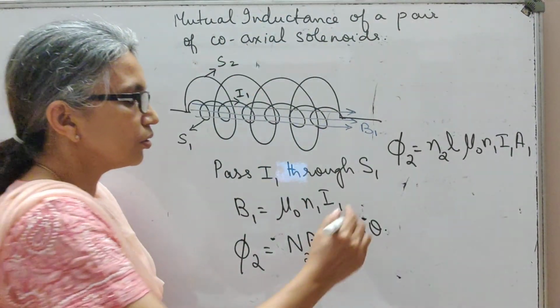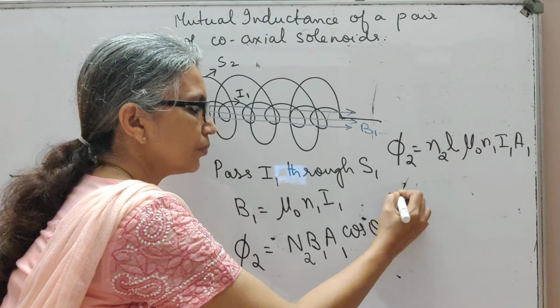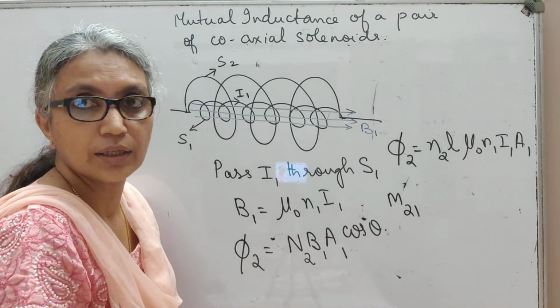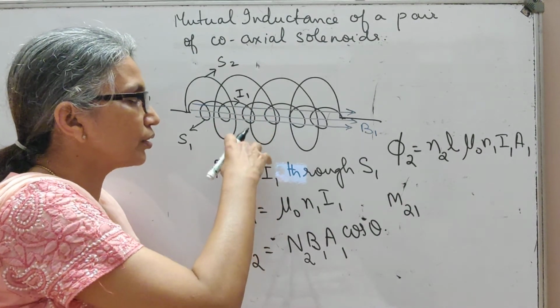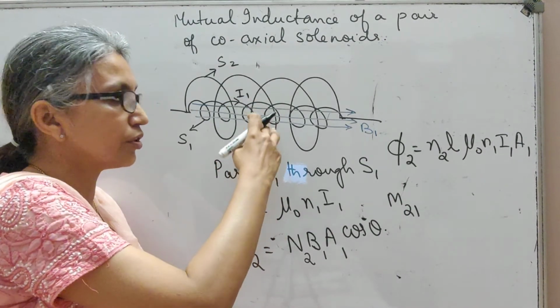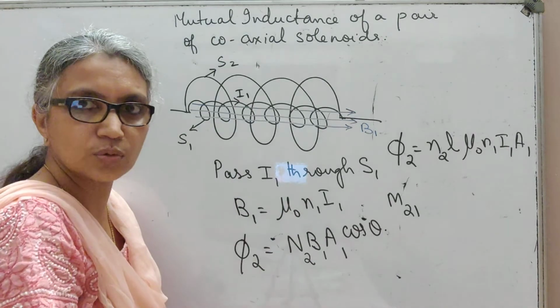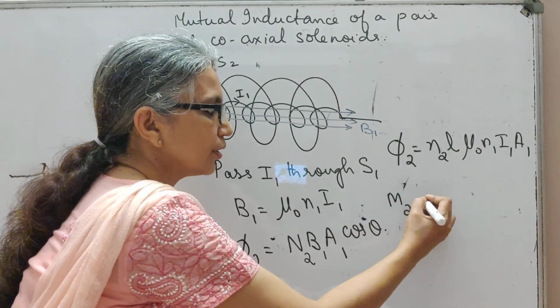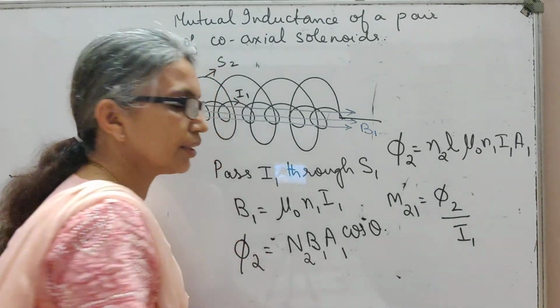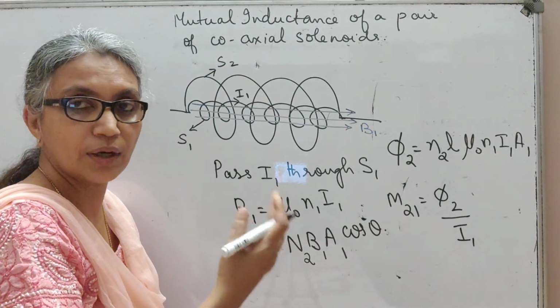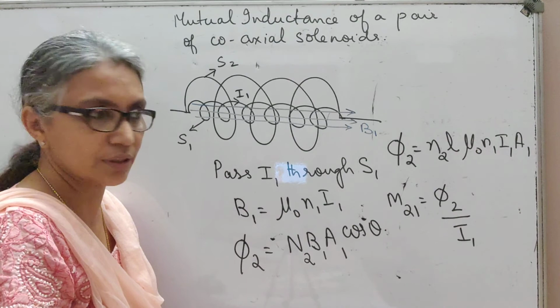Okay. So now we need to find out M21, that is the mutual inductance of the two coaxial solenoids when current is passed through the inner one. So this is equal to phi 2 by I1, flux linked with the second one when current is passed through the first one.